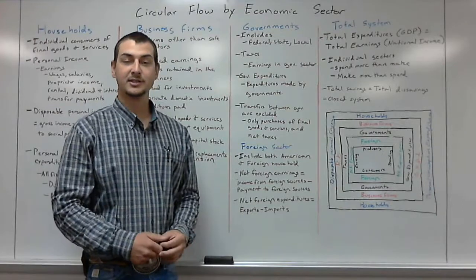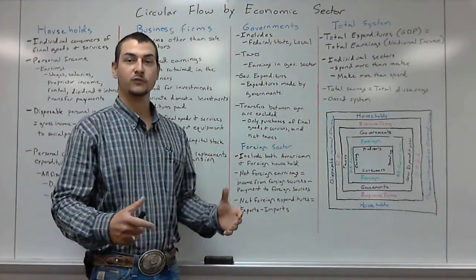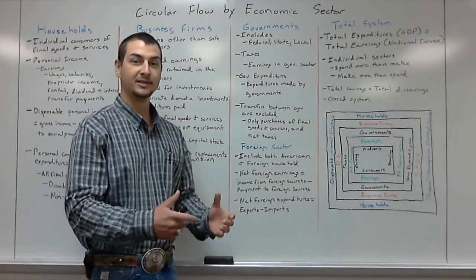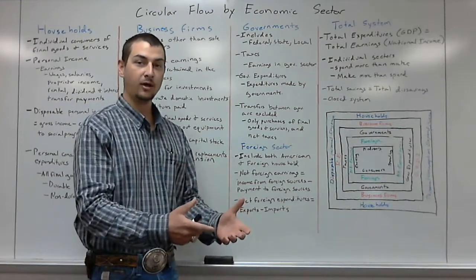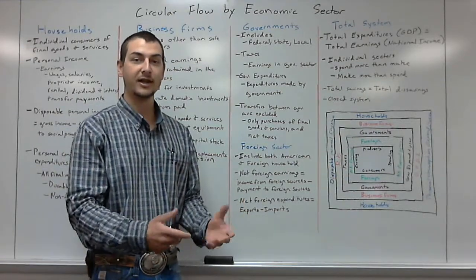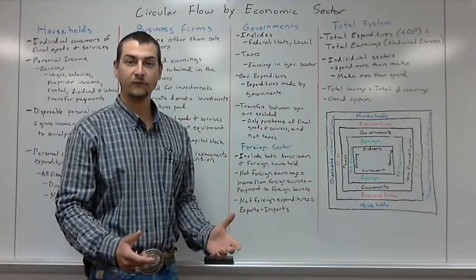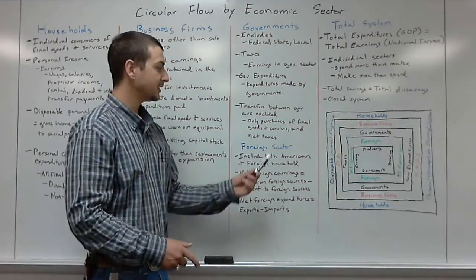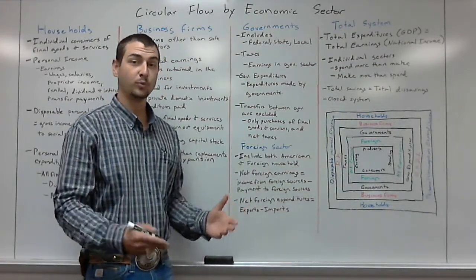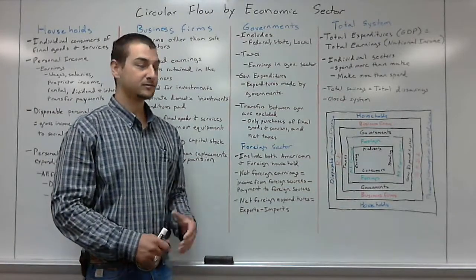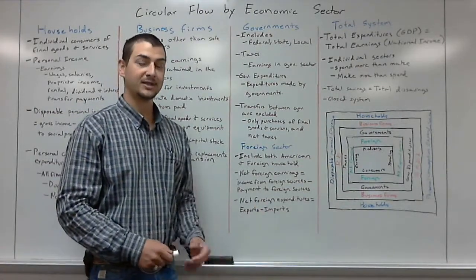Something kind of interesting to note is that the federal government looks very large in the amount of money that they accumulate and then spend out. But a lot of that money that they spend is not on final goods and services. They're actually these transfer payments and these social programs, and also transfers of grants and everything of that.